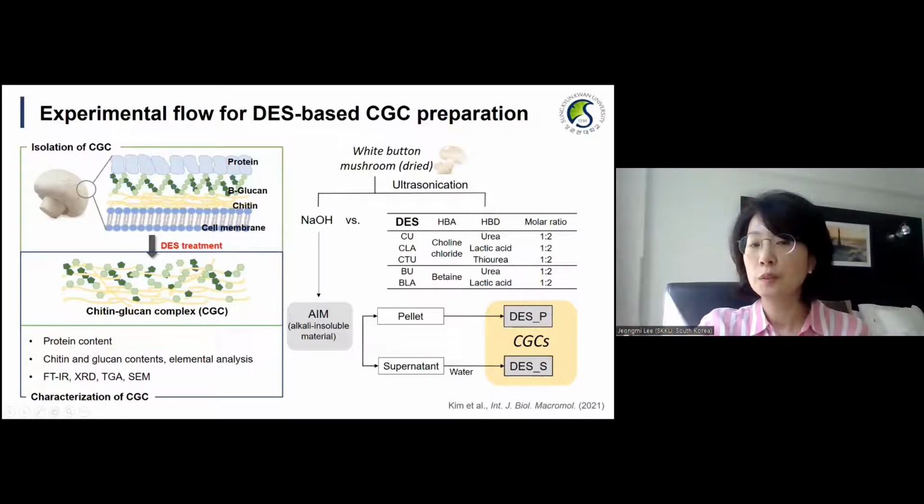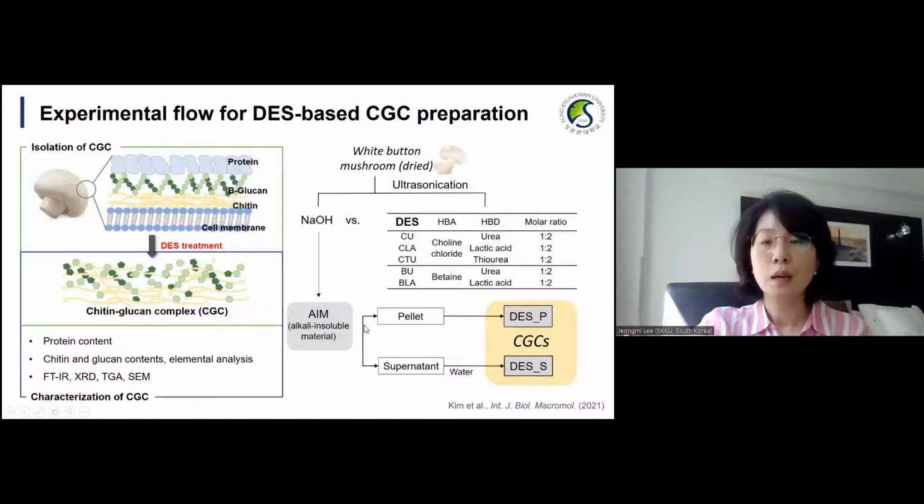And at the same time, we ended up having supernatant after removal of this pellet. And we found that if we add a lot of water to this supernatant, we can also precipitate another type of CGC, which was designated as DES_S. S stands for supernatant and P for pellet.